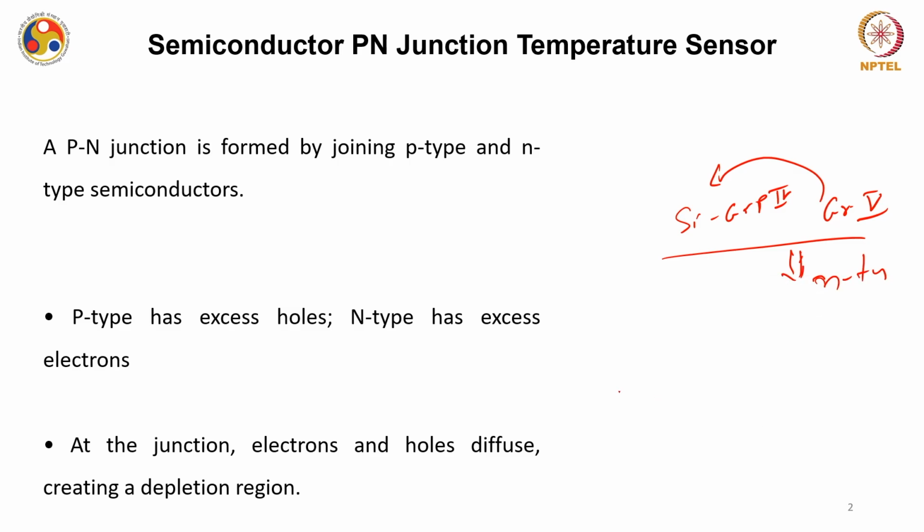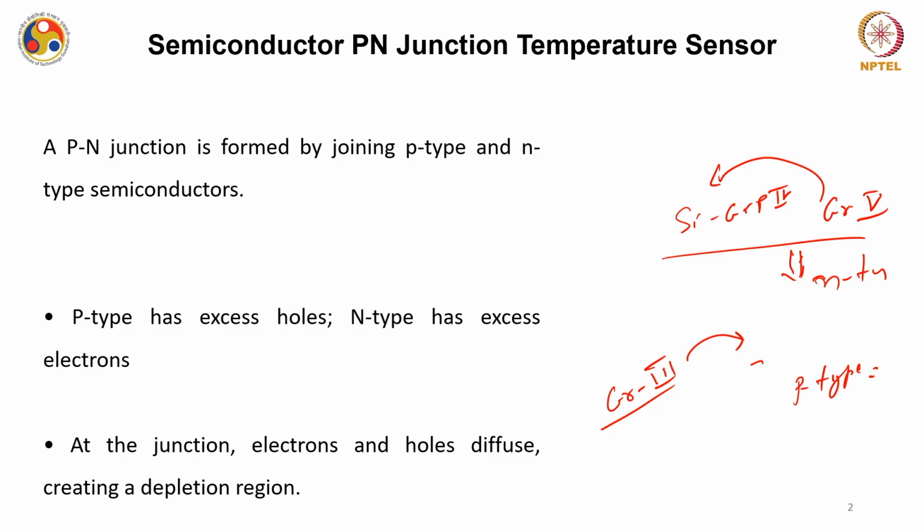And if I dope it with a group 3 element, we generate a p-type semiconductor. This is as simple as this. For elaborated discussion on this, you can refer to any textbook on semiconductor material and semiconductor devices.